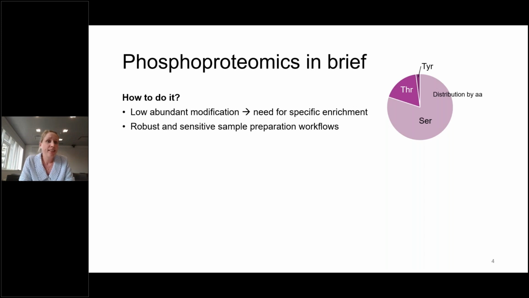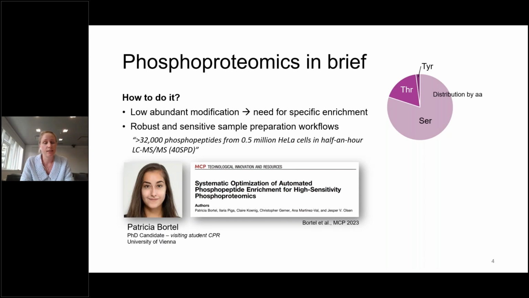To study it, there's a need for robust and sensitive sample preparation workflows, and it's a big topic in the group of Jesper Olsen that I'm working in. Work done by Patricia while she was visiting our group is this MCP paper looking into systematic optimization for phosphoproteomics.